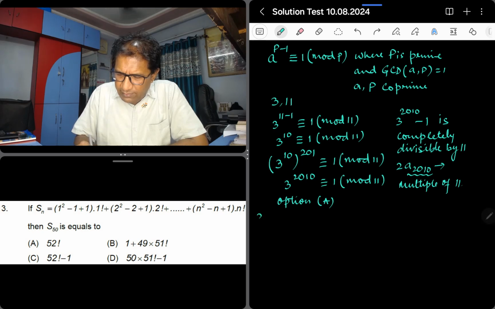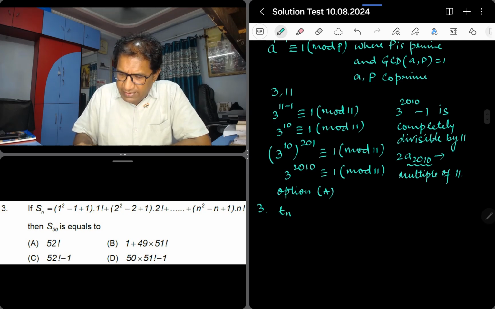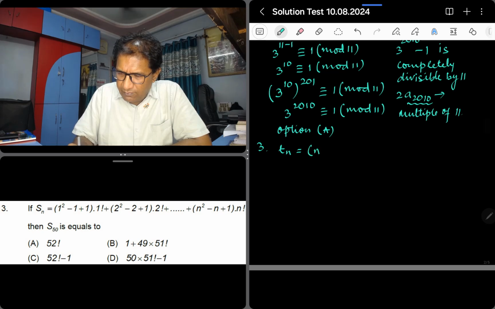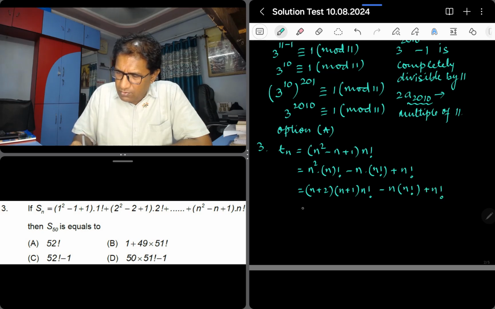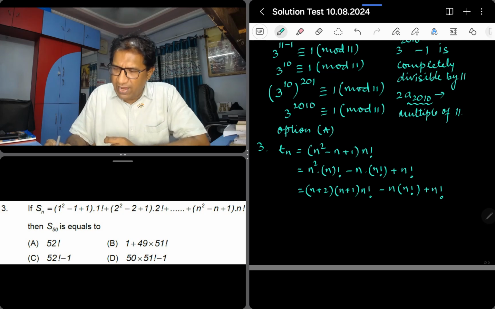Now, in this question, we have to find out the sum till 50 terms. So, the nth term of the given series is, now if I separate, now I'm writing n square as, so here what x's we have written.